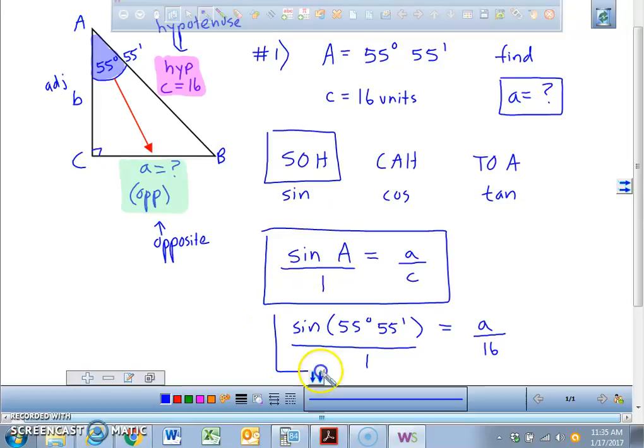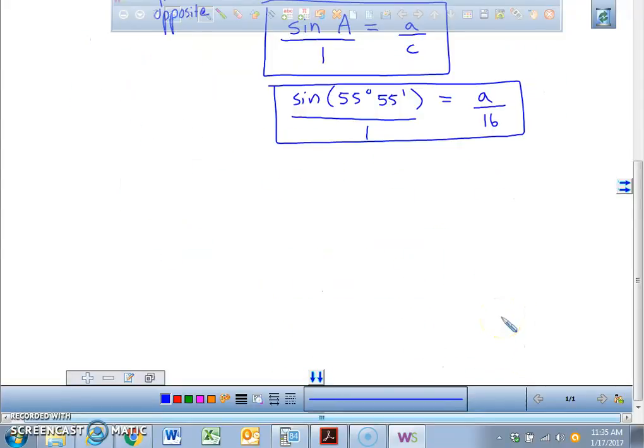The 55 degrees, 55 minutes. You could do that only if it's degrees and minutes, or could you do that in decimals? We're going to change it to decimals. So we have to take this now. I'm just setting things up, and then we're going to change this to a decimal. So it has to be a decimal. Yes. Now, you have a graphing calculator that does have that function, but I'm not worried about that function right now. I'm worried about you being able to convert it to decimals, okay?